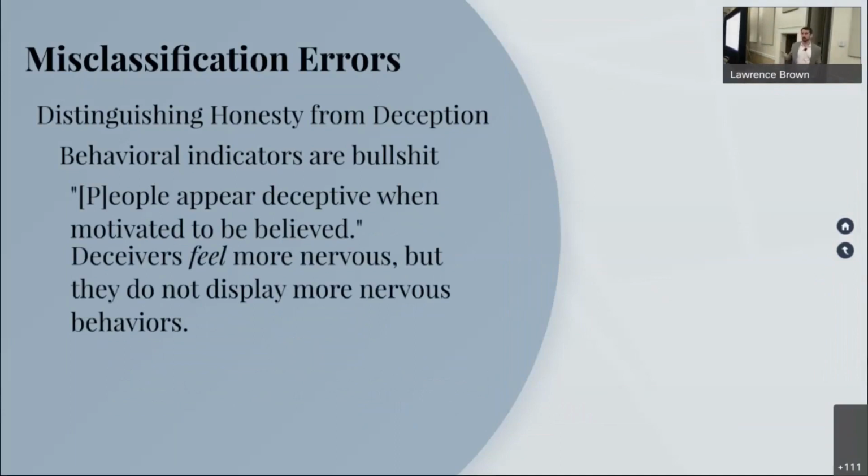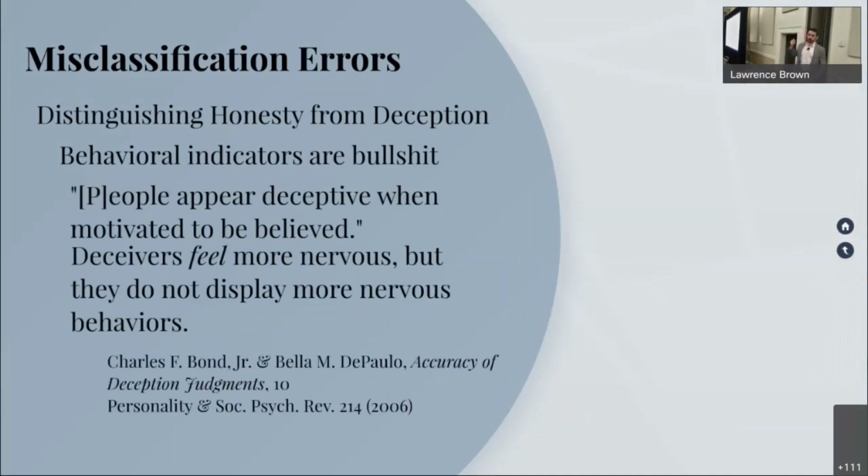And fascinatingly, I think, in a journal of personality and social psychology research, they found that deceivers are actually subjectively more nervous than truth tellers, but they are also better at hiding nervousness, which means that behavioral indicators of nervousness really don't mean a whole lot because we're good at hiding it as people. All of which suggests that behavioral indicators of dishonesty are, to use the technical phrase again, bullshit.